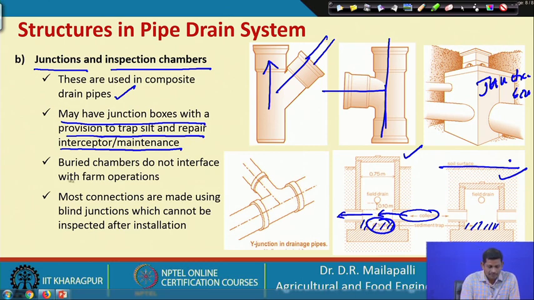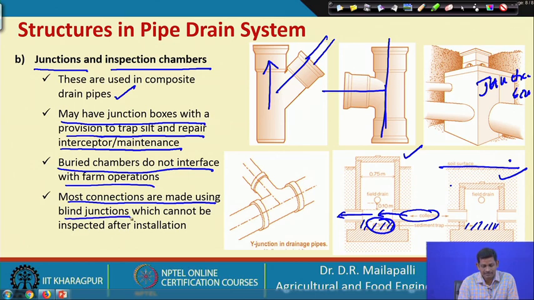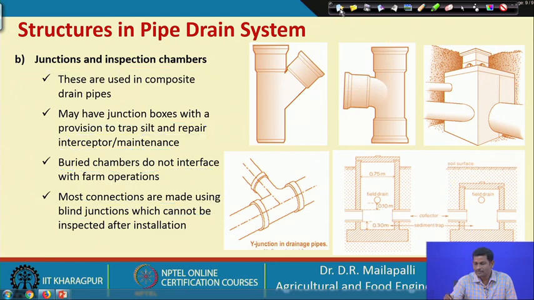Buried chambers do not interfere with the farming operations, just like here, and most connections are made using blind junctions, which cannot be inspected after installation. Mostly the blind junctions are difficult because once they are installed, they are buried inside, and it is difficult during maintenance and for inspection purposes.